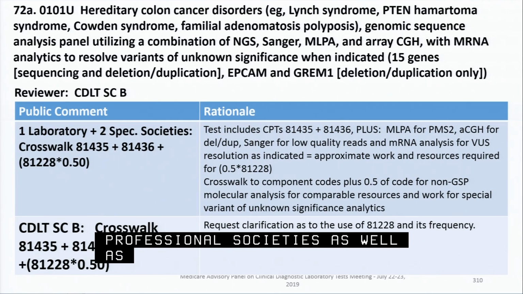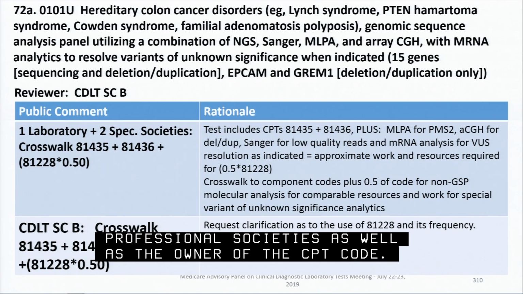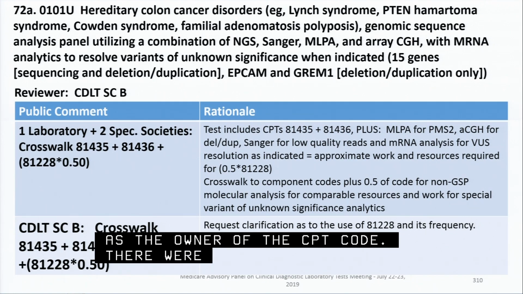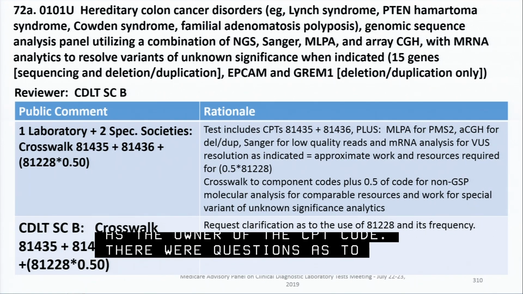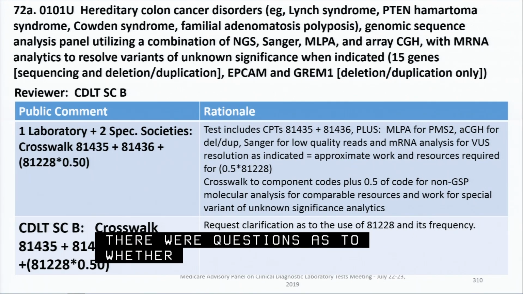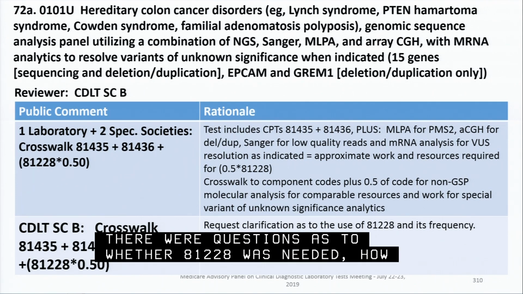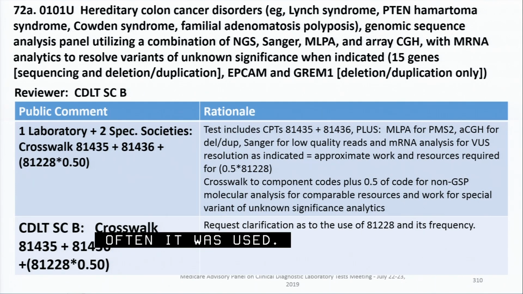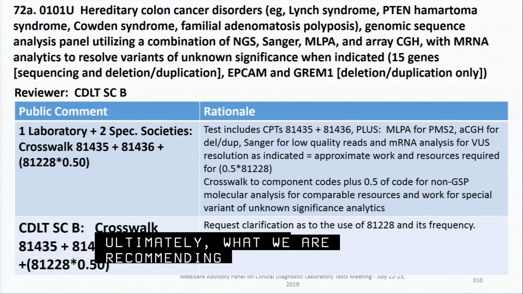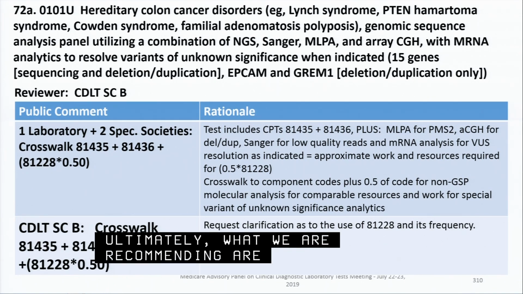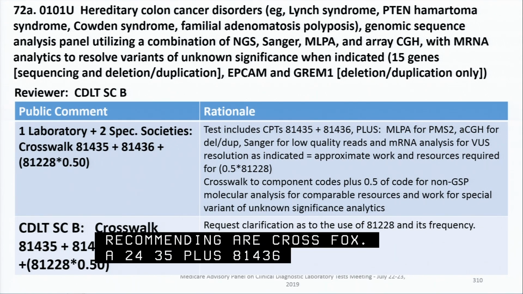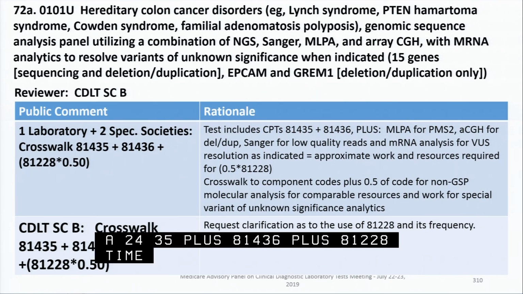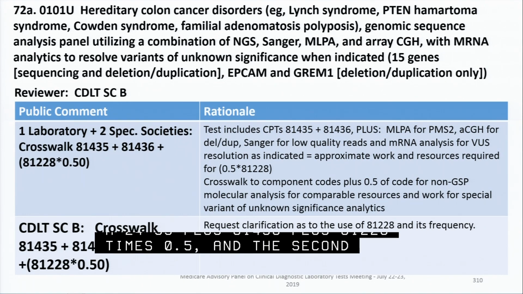Again, there were questions as to whether 81228 was needed, how often it was used, and so ultimately what we're recommending here are two crosswalks: 81435 plus 81436 plus 81228 times 0.5. And then the second crosswalk for our voting members would be 81435 plus 81436.